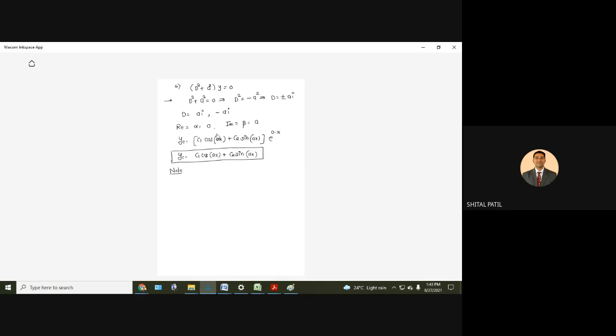No need to write this note; if you want to write it, or you just leave it. Now alpha equal to 0 and say beta equal to minus a. Then what will be the y of c? c1 cos of minus x plus c2 sine of minus x, and e raised to 0x.